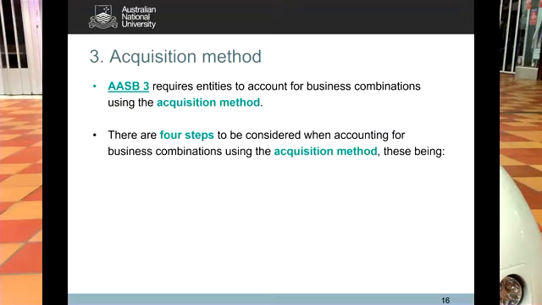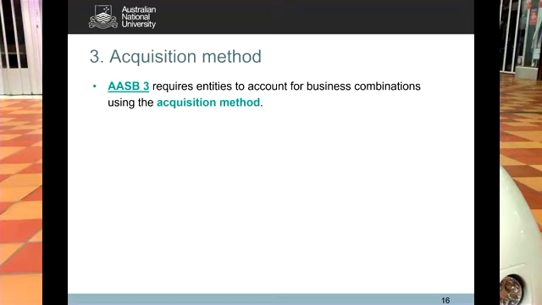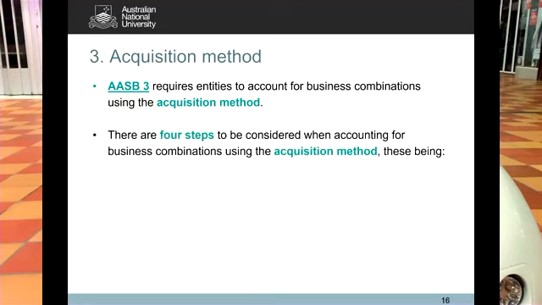When we determine this is a business combination and one party obtains control over another one, we will have the acquisition method to account for the business combination. The acquisition method typically involves 4 steps. First, we need to identify who is the acquirer.